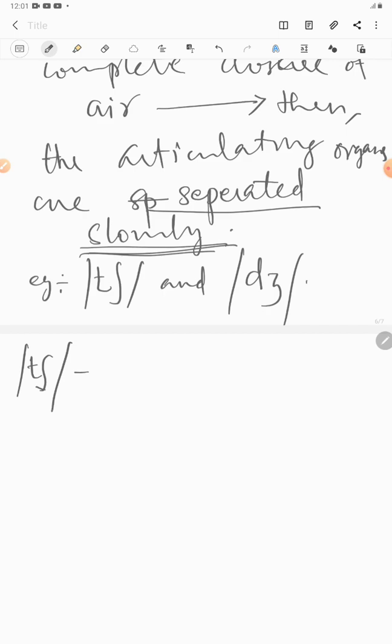So ch is a voiceless sound. Just pronounce it, there is no vibration in your vocal cords. So ch is voiceless. Then it's a palato-alveolar consonant, and we are talking about affricate consonants.